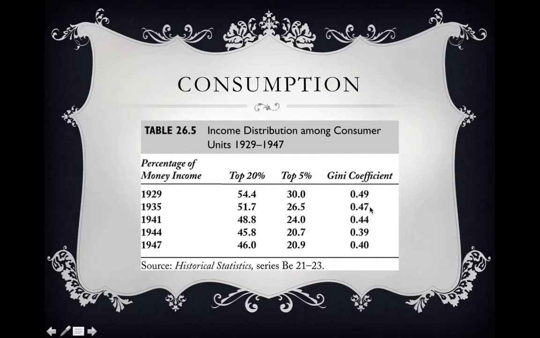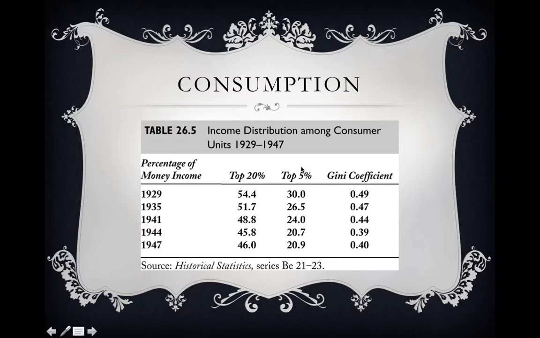So this gives us an indication, and you can see particularly that fewer and fewer people are responsible for the top 20% of income, and the same holds for the top 5%. So the way to read this is, for example, in 1929, the top 5% of earners in the economy were holding 30% of the income that individuals had.